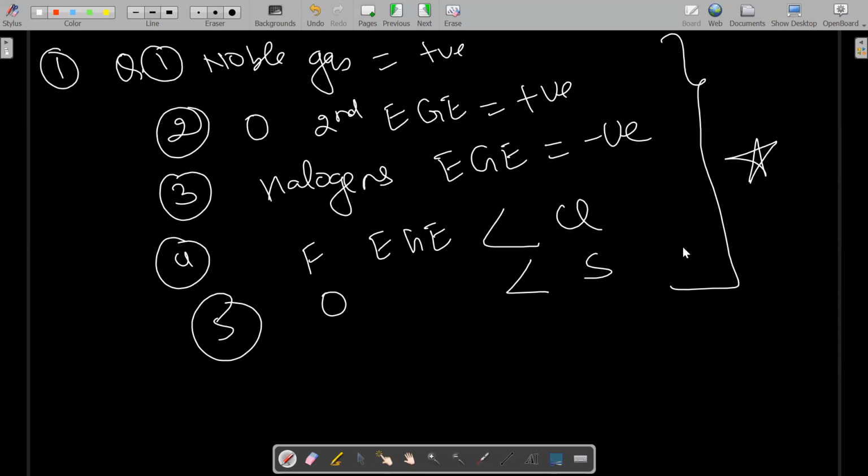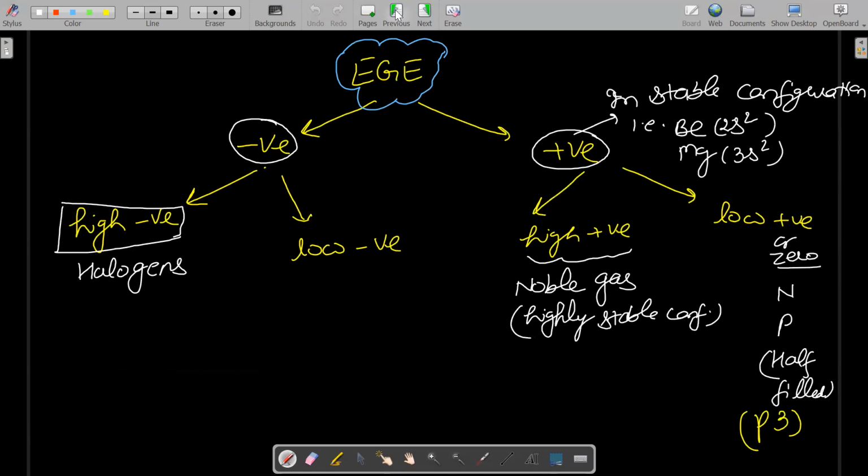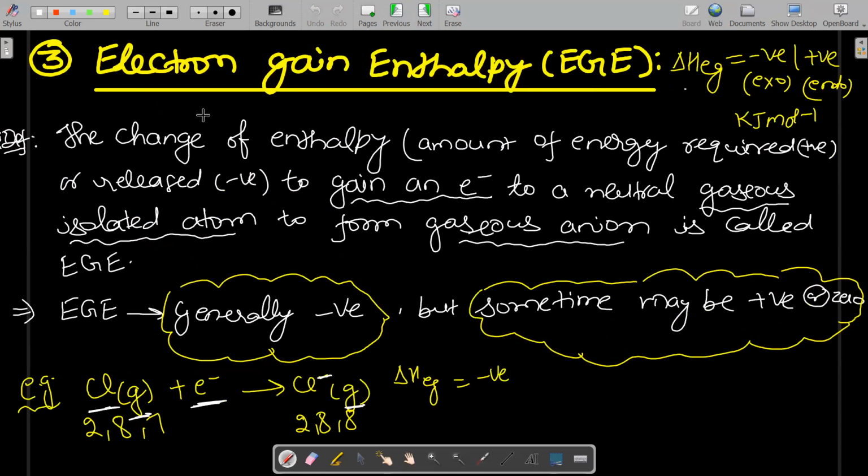Okay, if you want to see once again, you can see it once again. So what I discussed in today's class: what is electron gain enthalpy? The amount of energy required or released to gain an electron by an isolated neutral atom to form a gaseous anion.